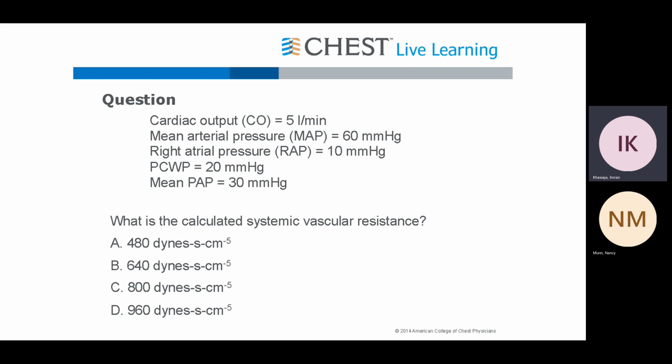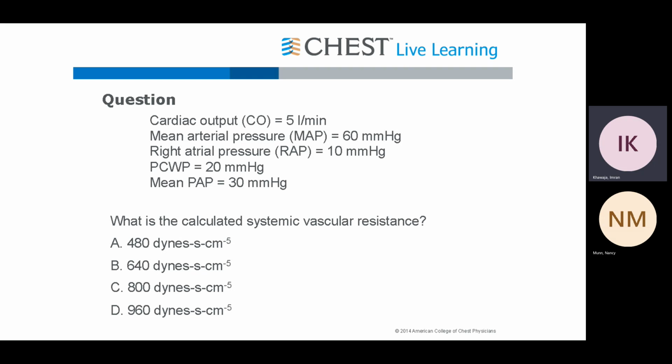The MAP minus the CVP, divided by the cardiac output. So it is 60 minus 10, 50, divided by 5, equals 10. That's the Wood unit, and then you multiply by 80, so it will be 800.